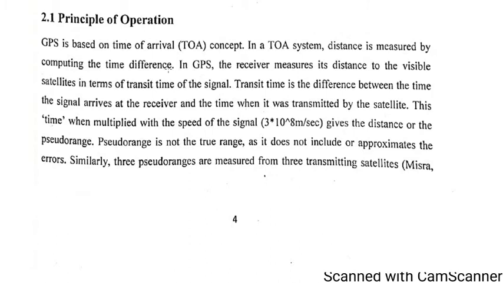That transit time is multiplied with the speed of the signal, and the signal is moving with the speed of light. That is the reason we give it as 3 × 10⁸ meters per second. That is how you find out how much time it is going to take. That is called time of arrival, the basic concept of GPS.